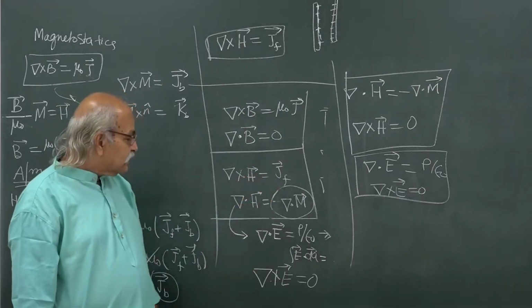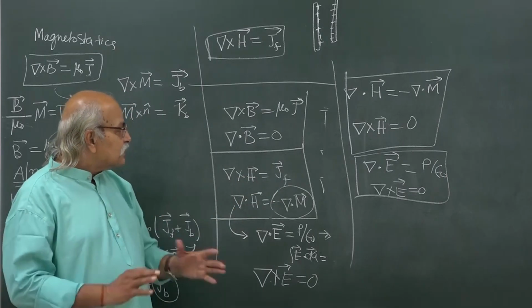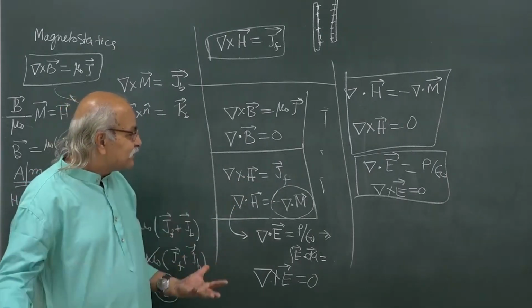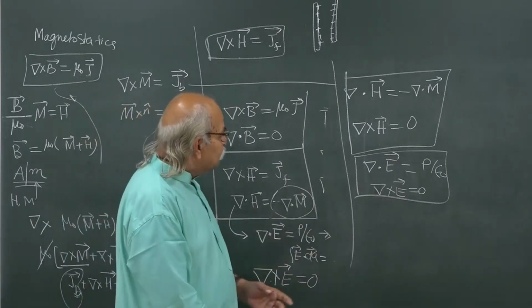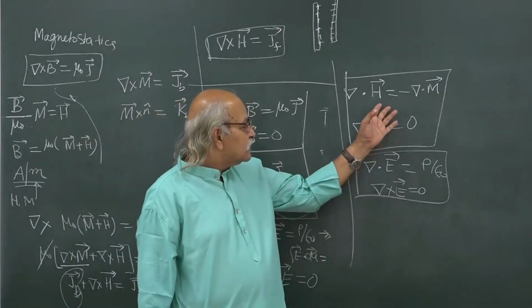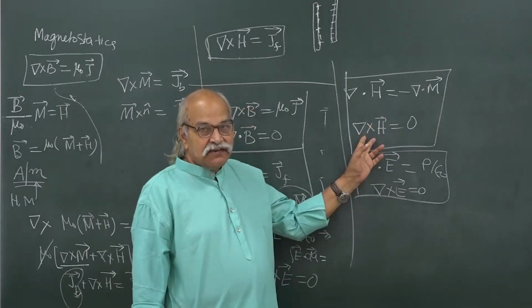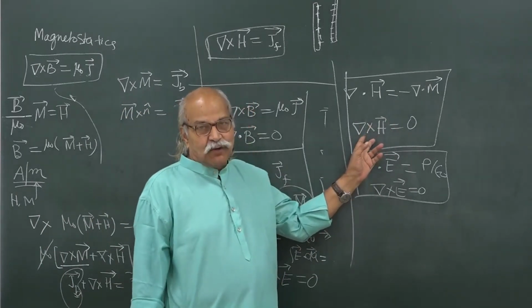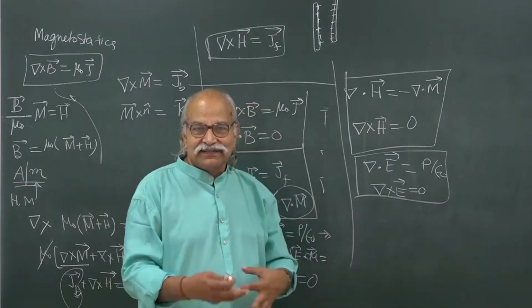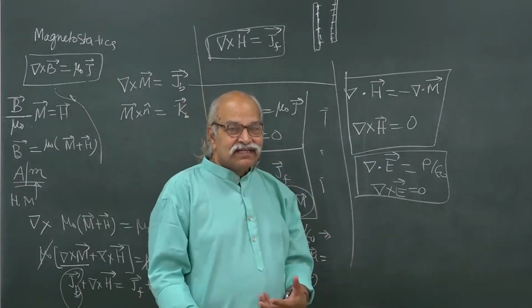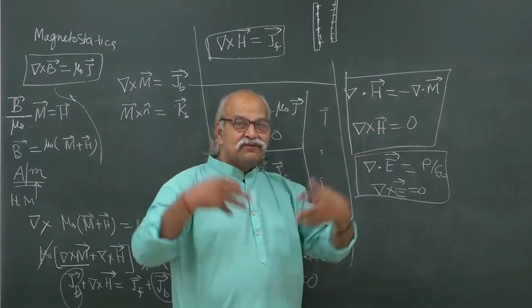But if that is not the case, then we are in a different situation, and for that we said, fine, if we compare these equations and there is no free current, it is all because of bound currents, that means you have magnets and magnetized materials, and only because of that you are looking for the magnetic field.